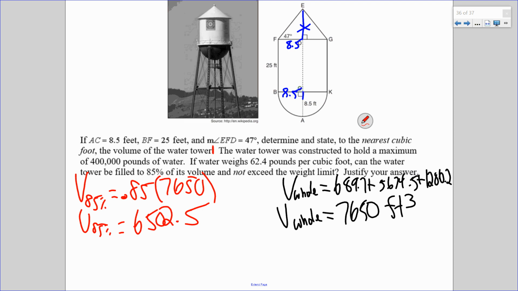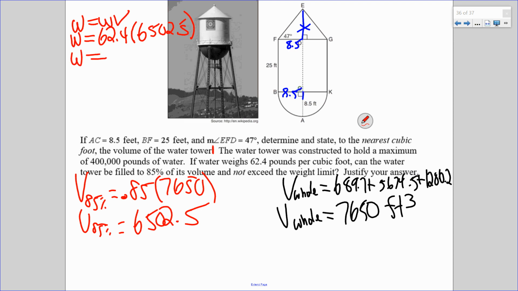Now, it's asking about weight. Now, I know that weight equals weight times volume. So the weight for 1 cubic foot is 62.4 pounds. The volume, again, we're using the 85% volume, is 6502.5.